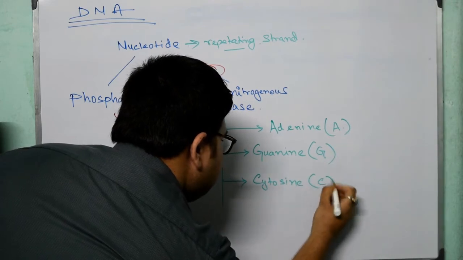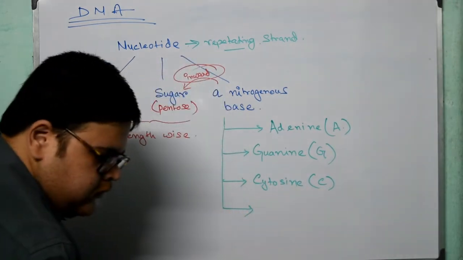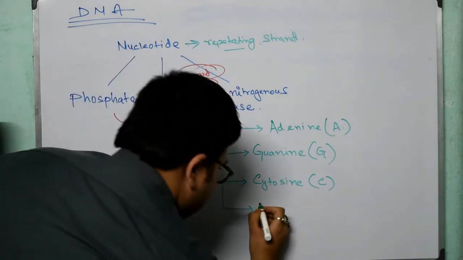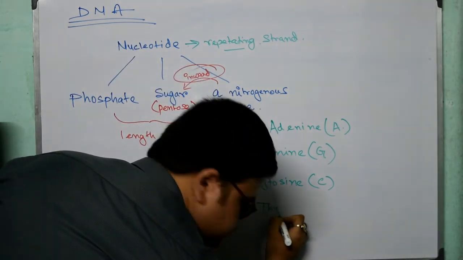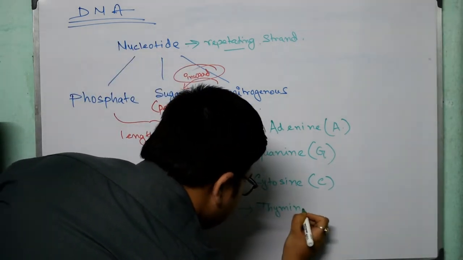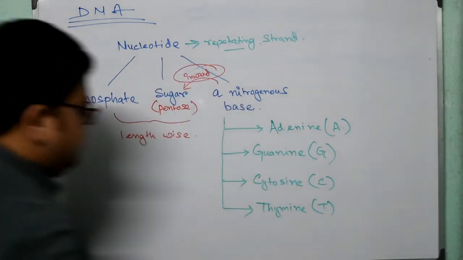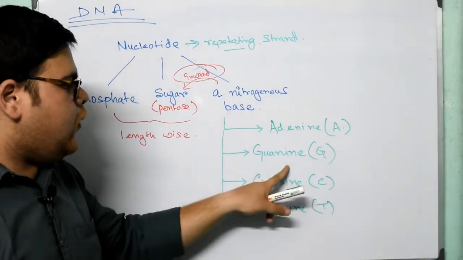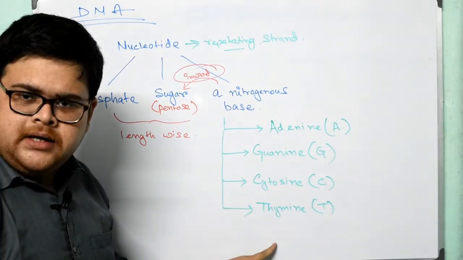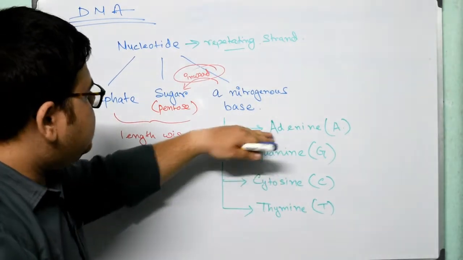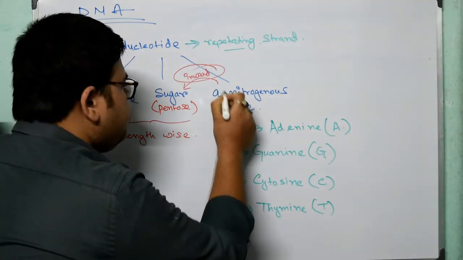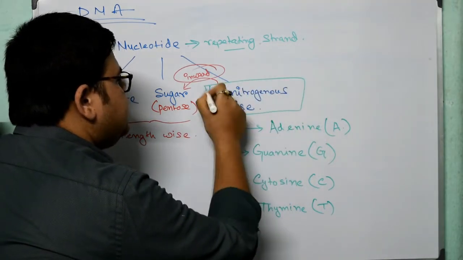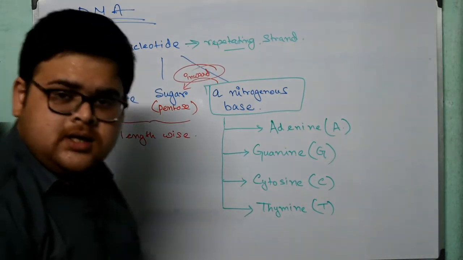We call it C. The fourth one is thiamine. We call it T. So they are adenine, guanine, cytosine and thiamine. Okay, I hope these are clear, the nitrogenous bases that are found inside DNA.